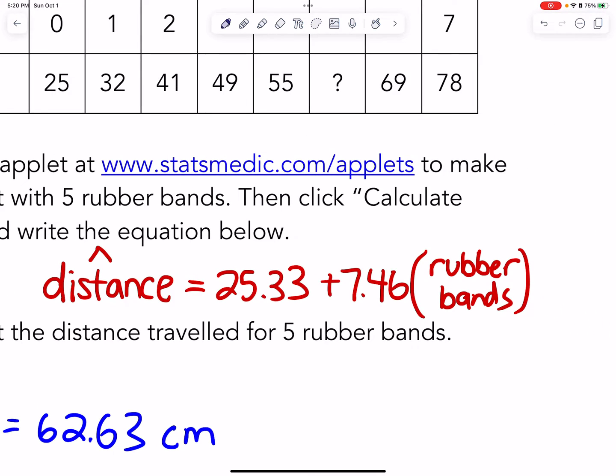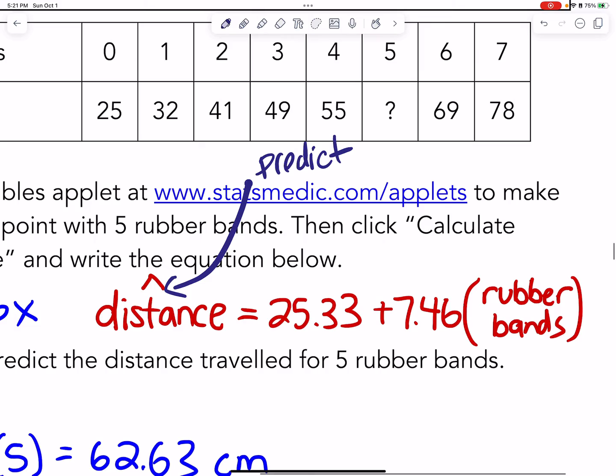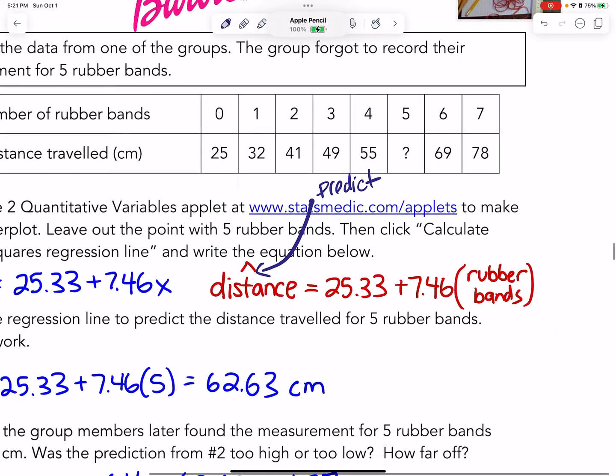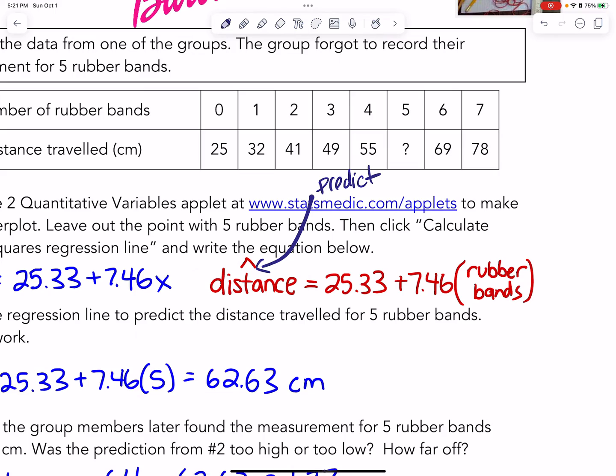Notice there's a hat over the distance, and that hat means it's a prediction, because the line is a prediction. That's what the hat reminds us. And notice I don't put X and Y. I just put distance and rubber bands.